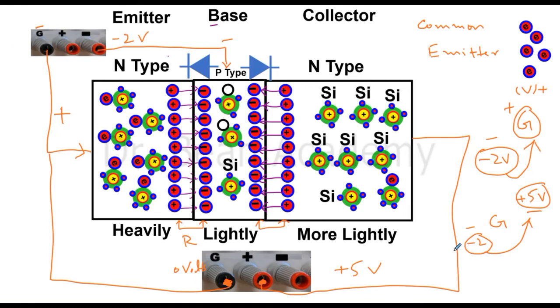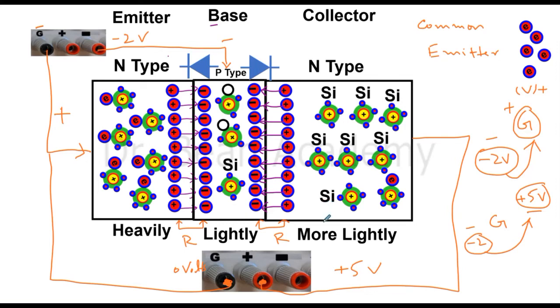And now let's see. If we consider this one as a p-n junction, the n-type side is connected with positive potential and the p-type is with negative. So this is also in reverse bias mode. Both junctions, emitter base and base collector, are in reverse bias mode and no current will flow, absolutely no current.